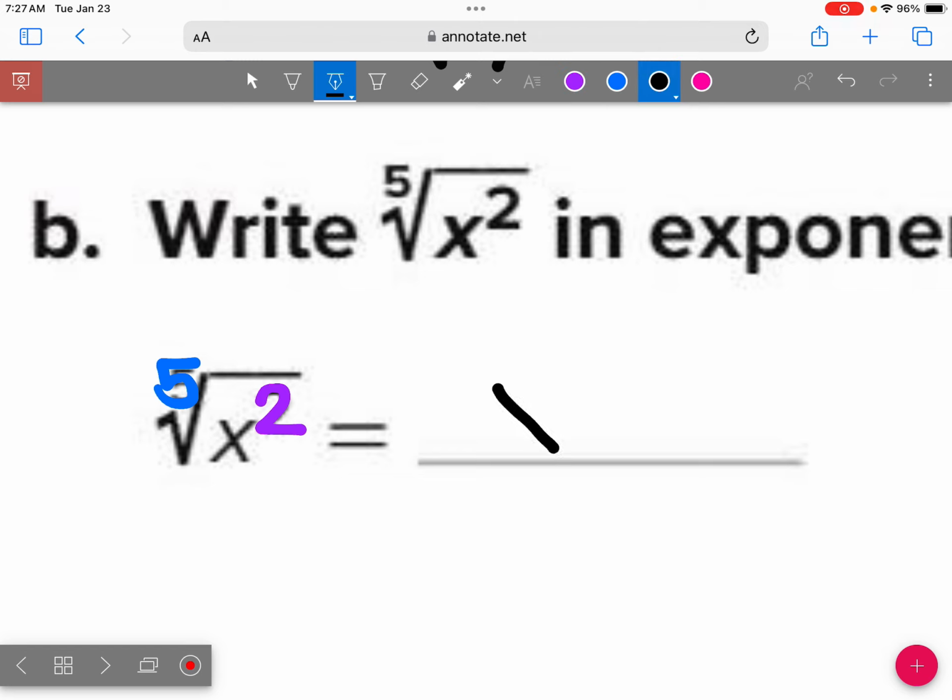So when we write it in exponential form, we have x to the power of 2, because our power doesn't change. Power is still the top. 2 over 5. Whatever the power is here is still going to be our numerator here.